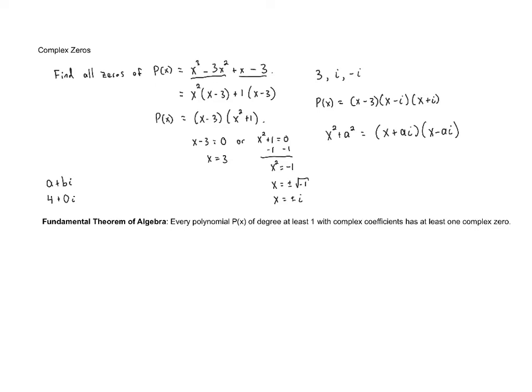Now again, the zeros might all be real numbers. That's fine. We just talked about how real numbers are also complex numbers. In fact, this is probably as good a time as any to do a little diagram. So if we look at the real numbers, they can be split into two types, rational and irrational.